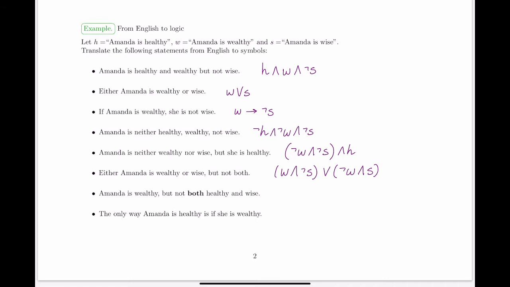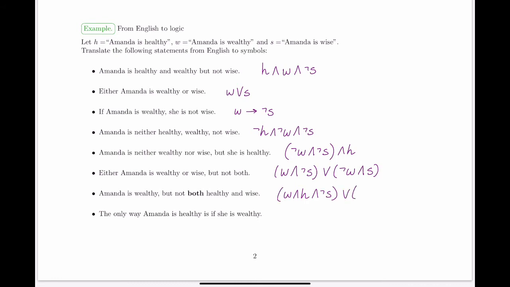So what do we have for the next one? She's wealthy, but not both healthy and wise. Similarly to above, now we just have to deal with the three different propositions here. So we have that Amanda is wealthy and healthy, but she can't be both healthy and wise. So in this case, she's going to be not wise.